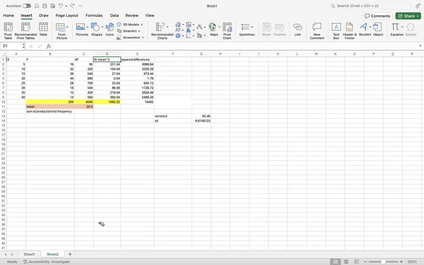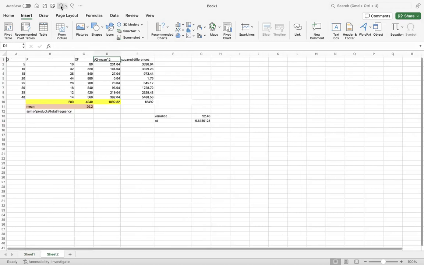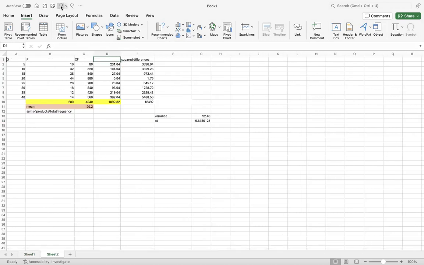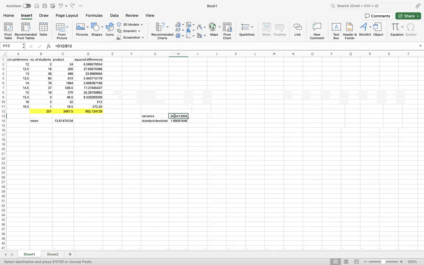After doing summation, now what you have to do? Now you have to do variance. How to do the variance? Whatever the squared mean summation you got, nothing but D12, divided by the number of students. Automatically you will see the variance.